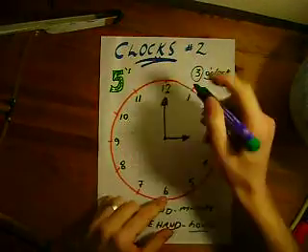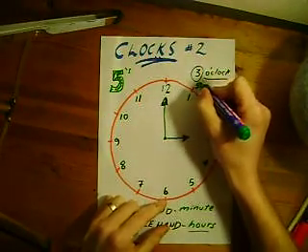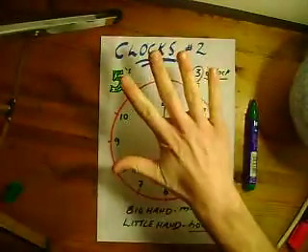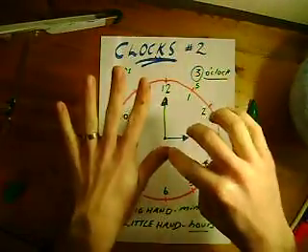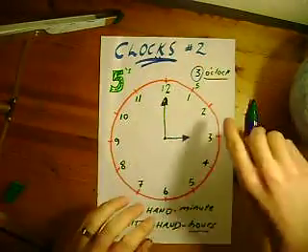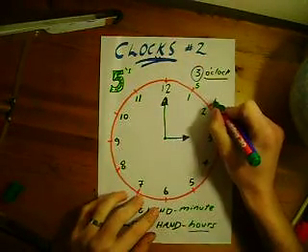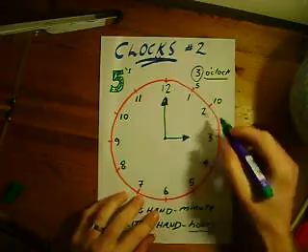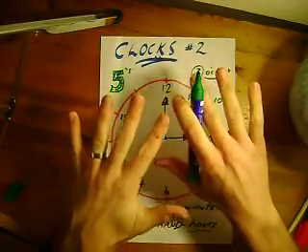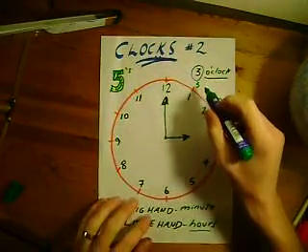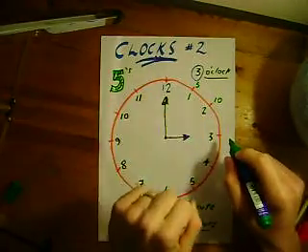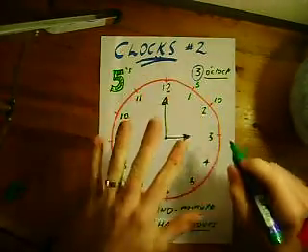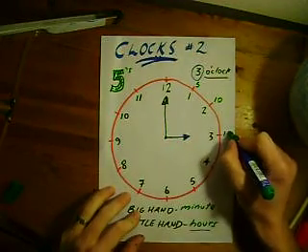So that's 5. 2 lots of 5. Here's one lot of 5, here's another lot of 5. 5, 6, 7, 8, 9, 10. And you keep going round. I'm not going to do them all with my fingers, but you can do them at home with your fingers. 5, 10. The next one is 3 lots of 5. 1, 2, 3 lots of 5. And if you count that, you'll get 15.